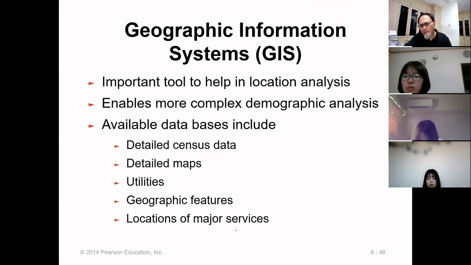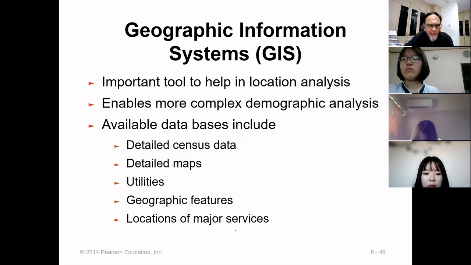And today, as I mentioned earlier, we have a lot of tools. One most important tool is Geographic Information Systems, which actually have data, have a lot of detail. Today, we can even look at the street map, street view.